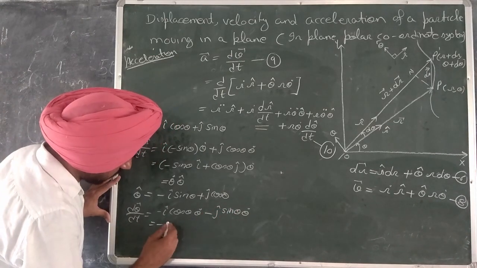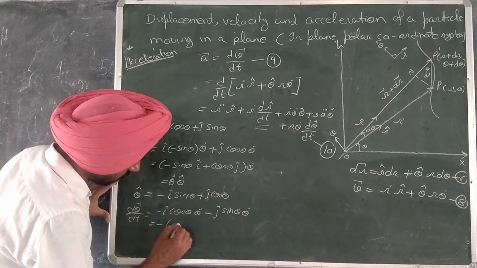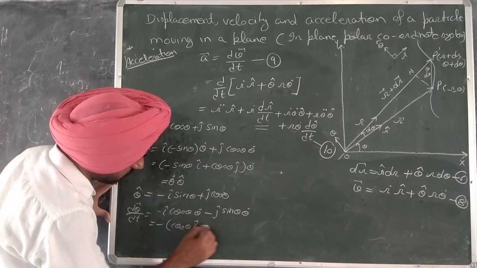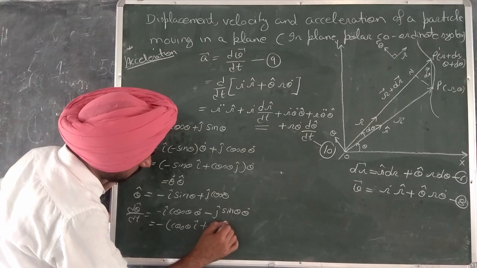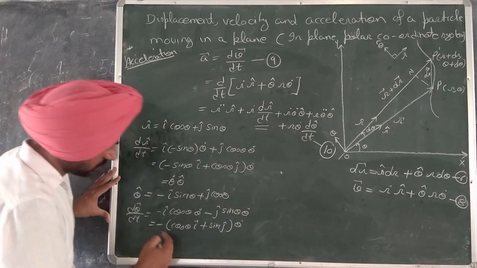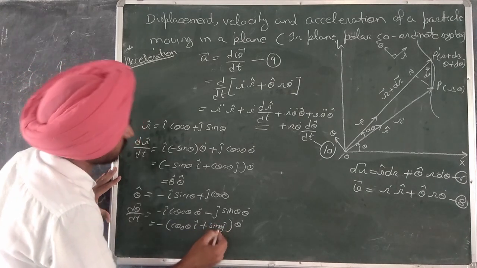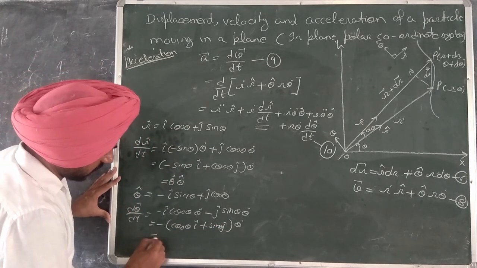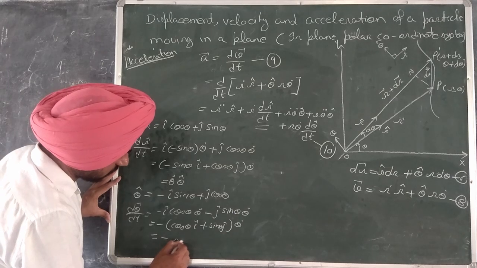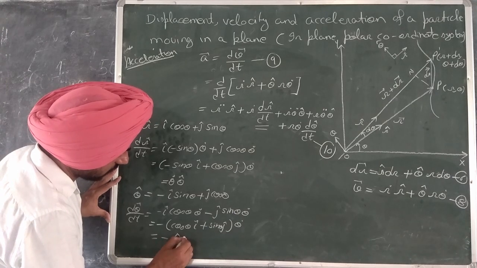So it's better to write it as minus, common cos theta I cap plus sin theta j cap, into theta dot common. So cos theta I cap plus sin theta j cap is r cap. So it is better to write minus r cap into theta dot.